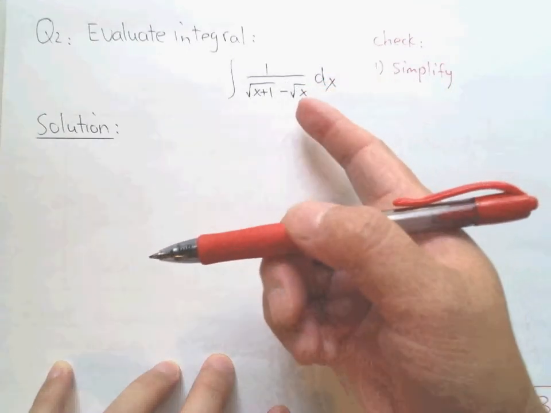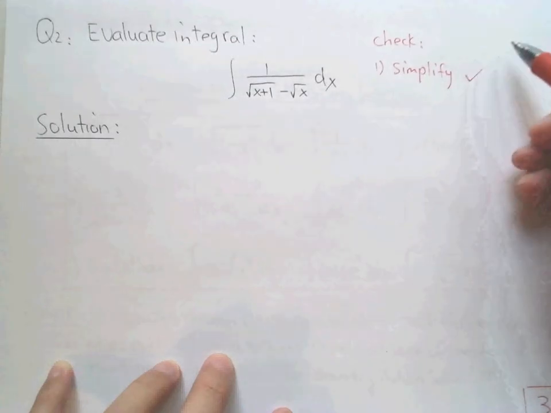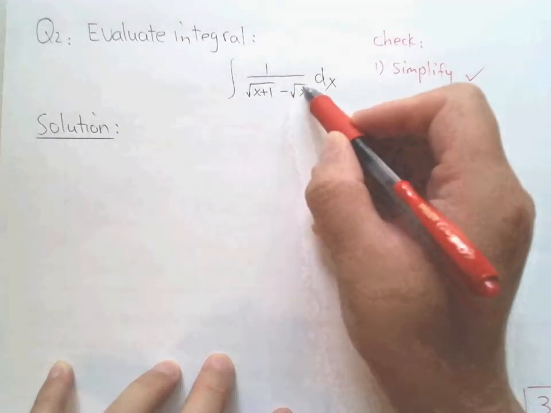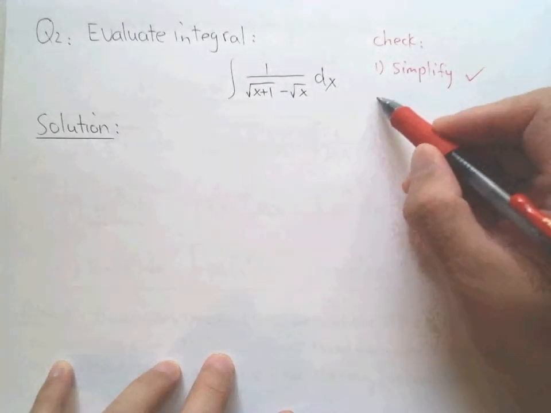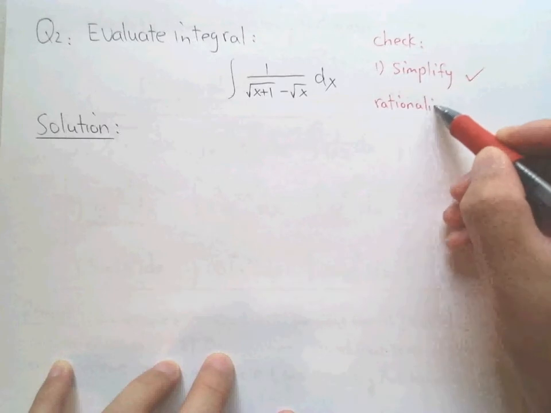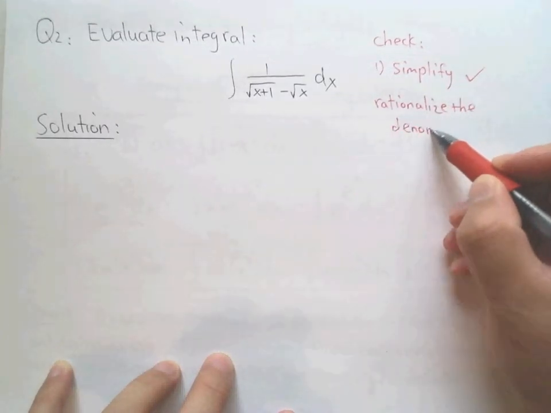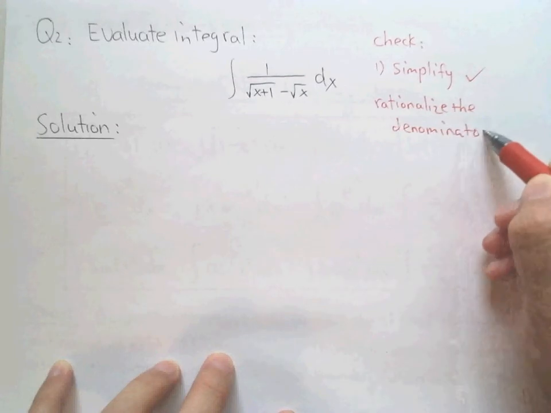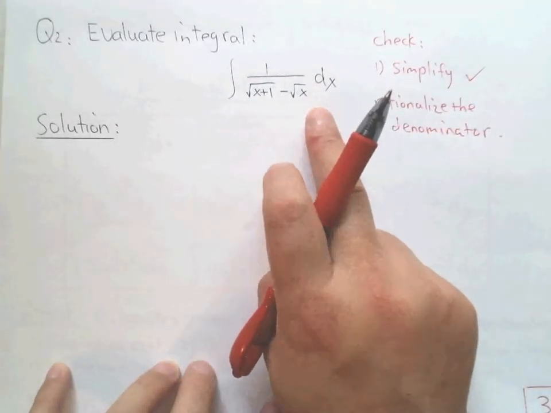Do you remember which method to simplify this? Yeah, we do. What type of method? Rationalize the denominator. Do you remember that? Yes, we do learn the basics. Okay, it's in the basic algebra.